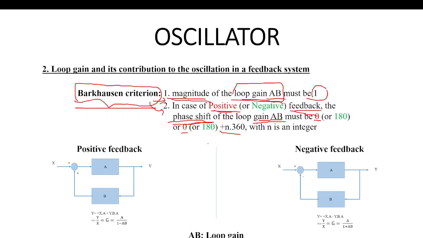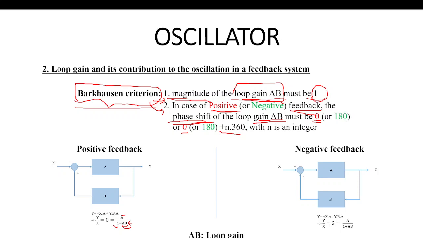Let's say again, if the loop gain AB has magnitude 1 and phase shift 0, then the AB system transfer function is actually the real number 1. So 1 minus 1 is 0, so the denominator is 0.